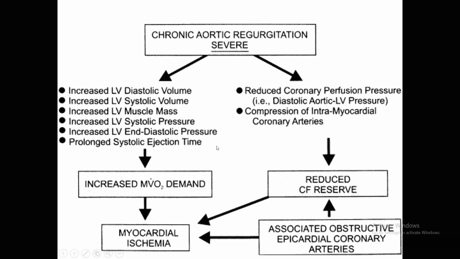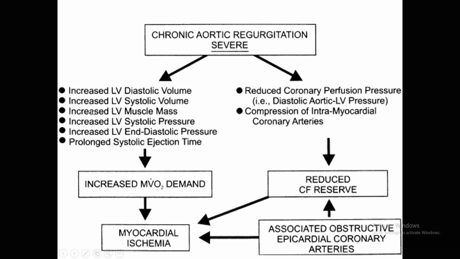Let's now summarize the events in chronic aortic regurgitation. First, because of the regurgitation, increased left ventricular diastolic volume. This will cause an increase in the left ventricular systolic volume due to the contraction of hypertrophied musculature of the left ventricle.